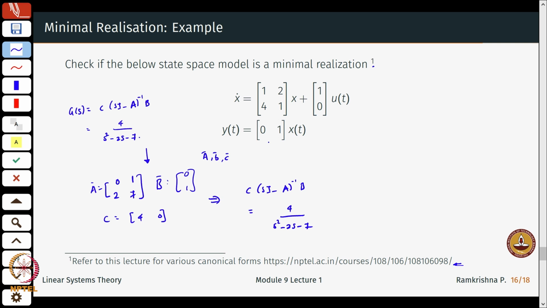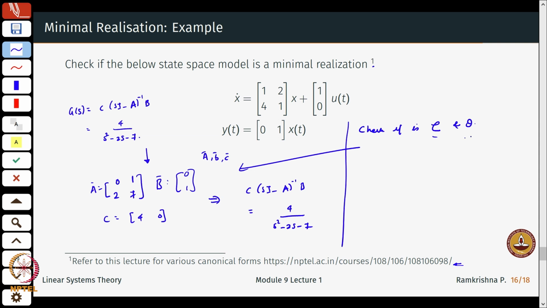So, that is one simple example. Now, to add one step, check if this realization is both controllable and observable, and you will find that it is both controllable and observable, and therefore, the system we get starting from here is actually the minimal realization.